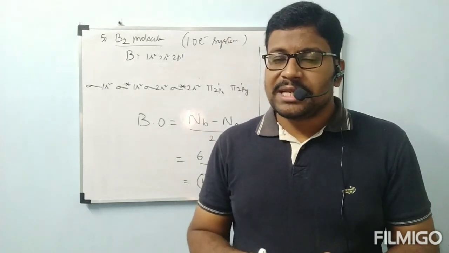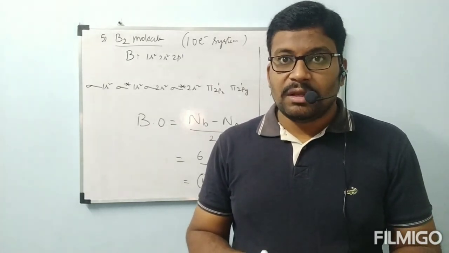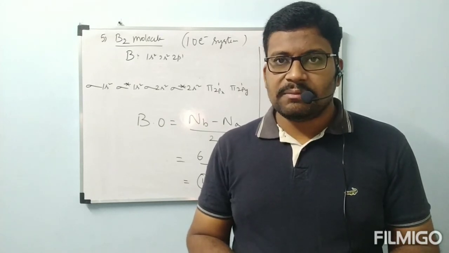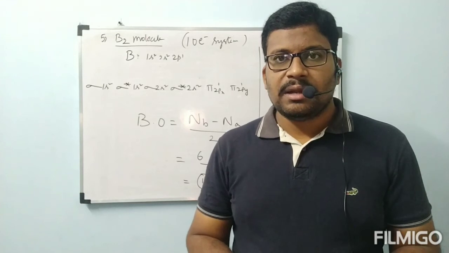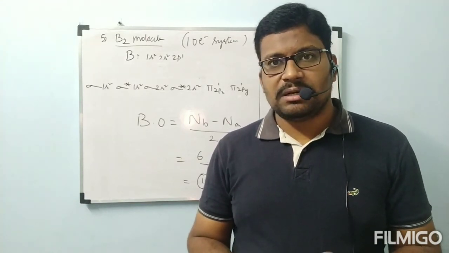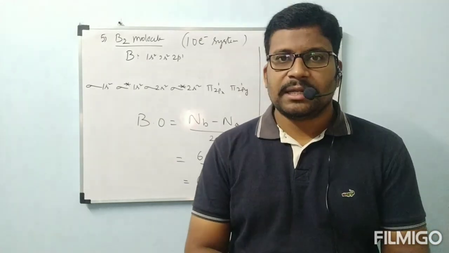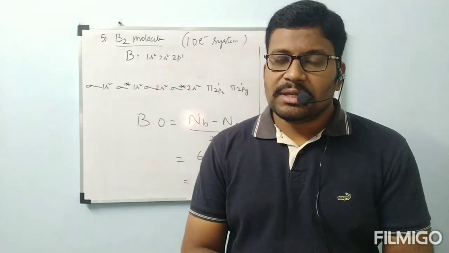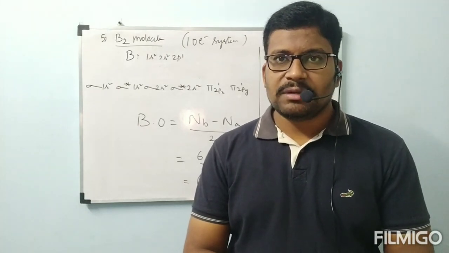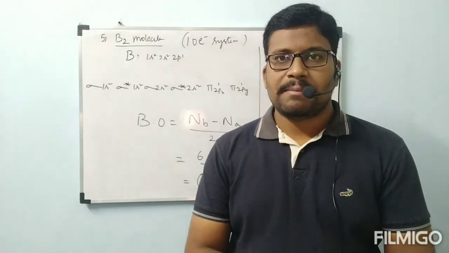Whether the molecules exist or not, we have seen, using the bond order. If the molecule exists, what about the magnetic nature? According to whether the molecule contains unpaired electrons or not, we have seen the magnetic nature. If the molecule exists, then only we have to see the magnetic nature. If the molecule does not exist, no need to go to magnetic nature.